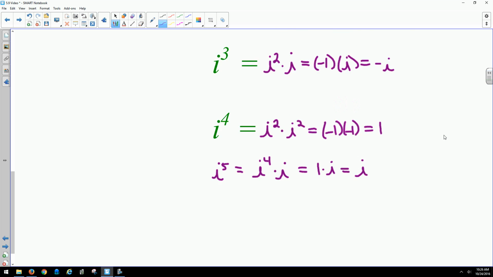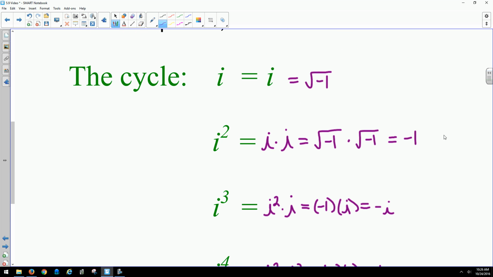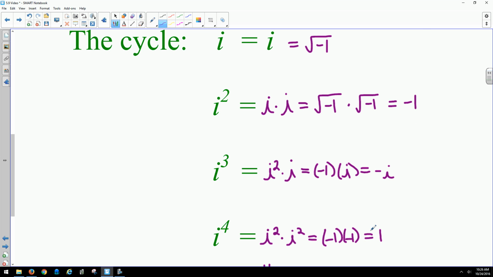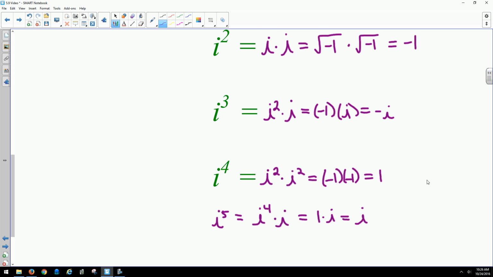And we just go right back into the cycle. So the cycle is i, -1, -i, and +1. You are only going to get those 4 when we're dealing with i. You should never, ever, ever have an answer with i in it that has an exponent greater than 1. Might want to jot that down somewhere.